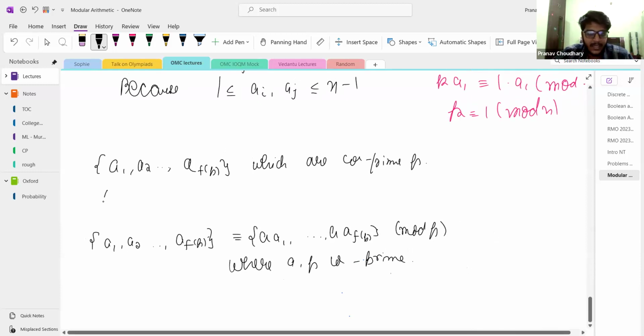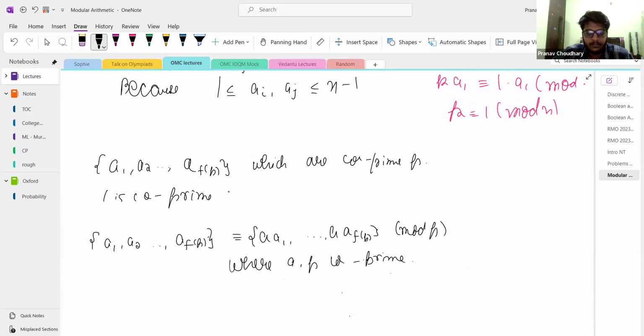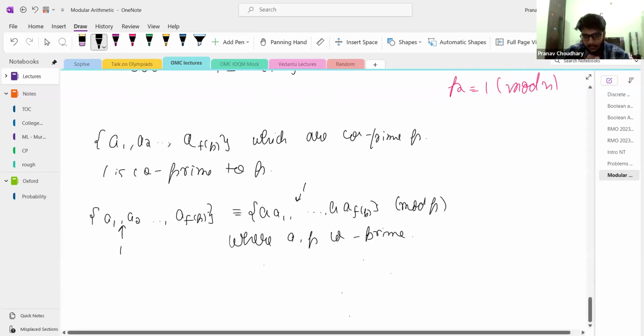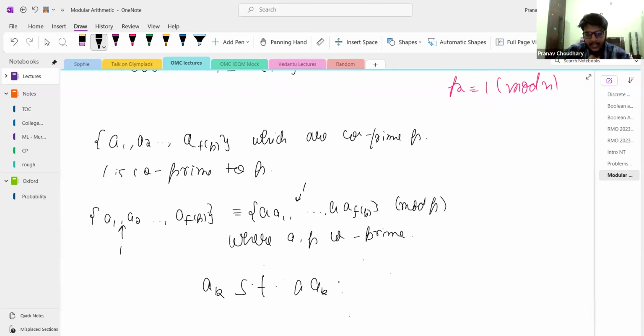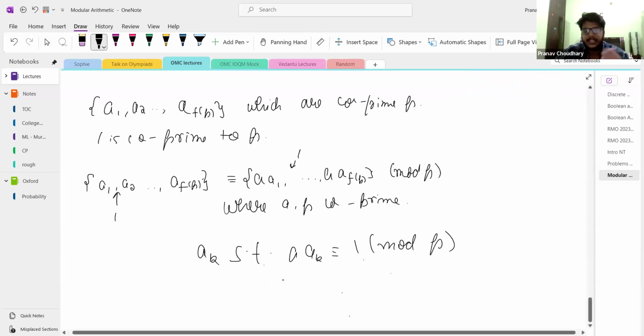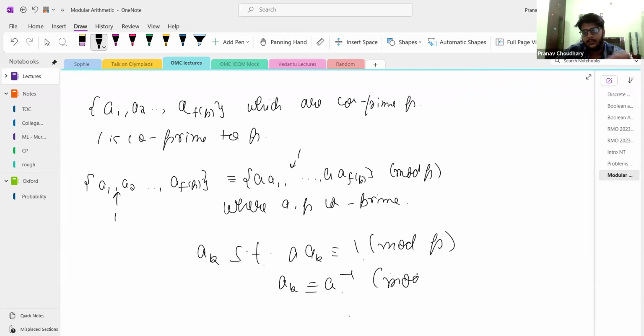We know that 1 is always co-prime to p, which means 1 belongs in this set of all the co-prime integers. Now, since these two sets are equal, 1 must also be in this set. So there would be some ak such that a times ak is congruent to 1 mod p. And ak is just the number we needed. ak is a inverse.